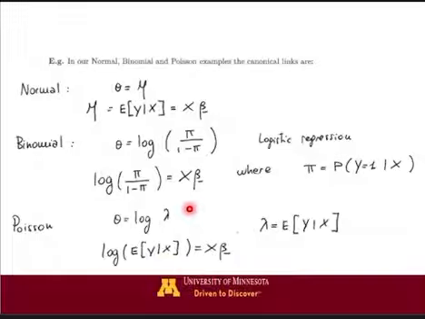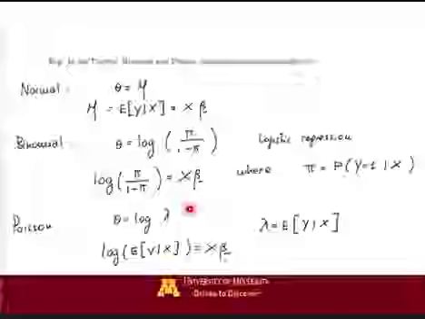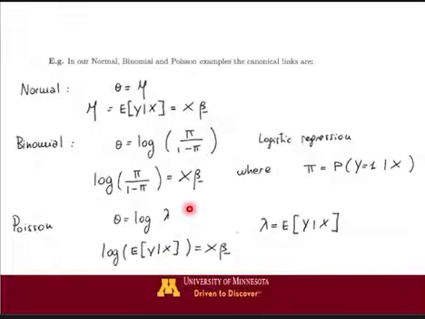Let me tell you this. If the distribution of your response variable is from the exponential family, that method will work great. I'm going to say that again. The method of maximum likelihood works greatly when the underlying distribution of the outcome variable is from the exponential family.